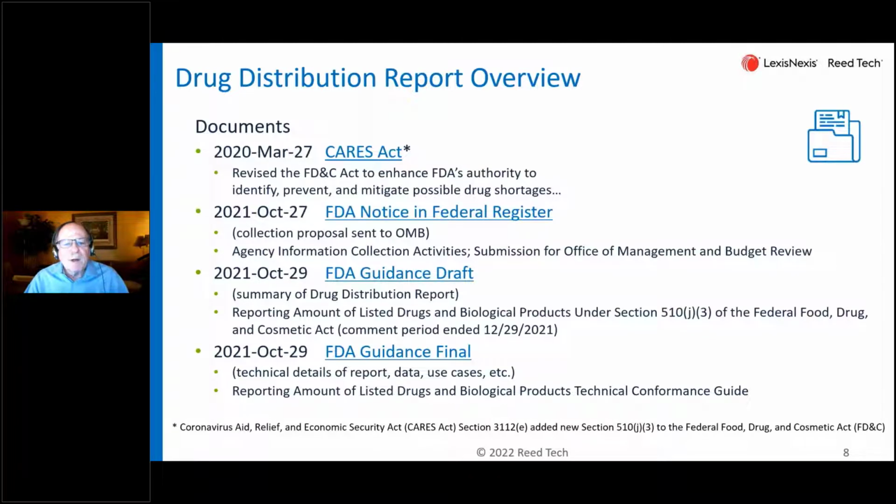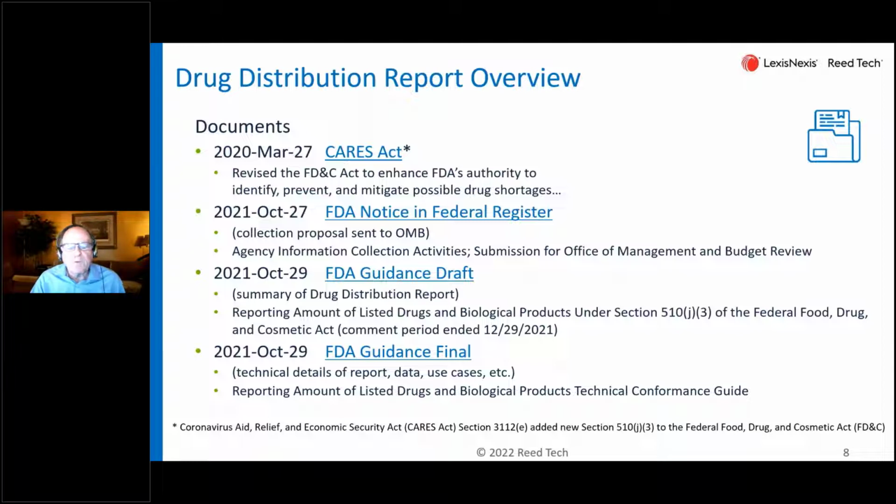Now, there are a number of documents that describe this particular activity. If you go back and look at the CARES Act way back in the March 2020 timeframe, that Coronavirus Relief and Economic Security Act included a lot of topics.